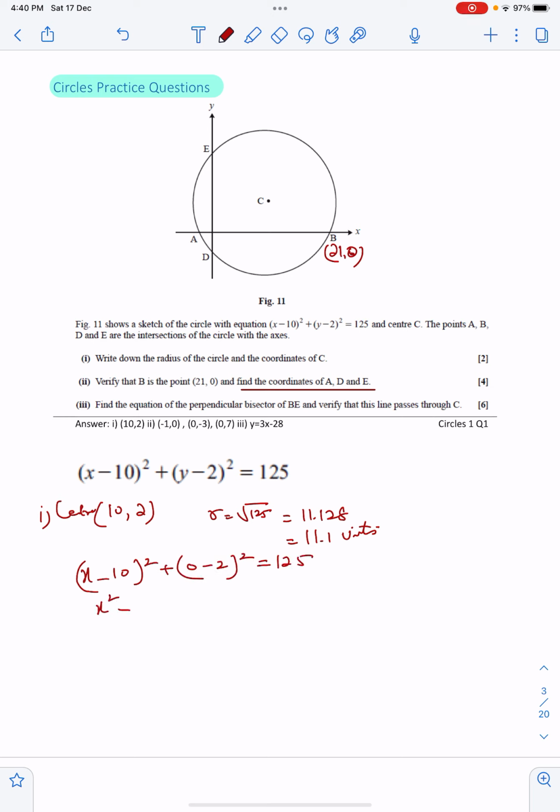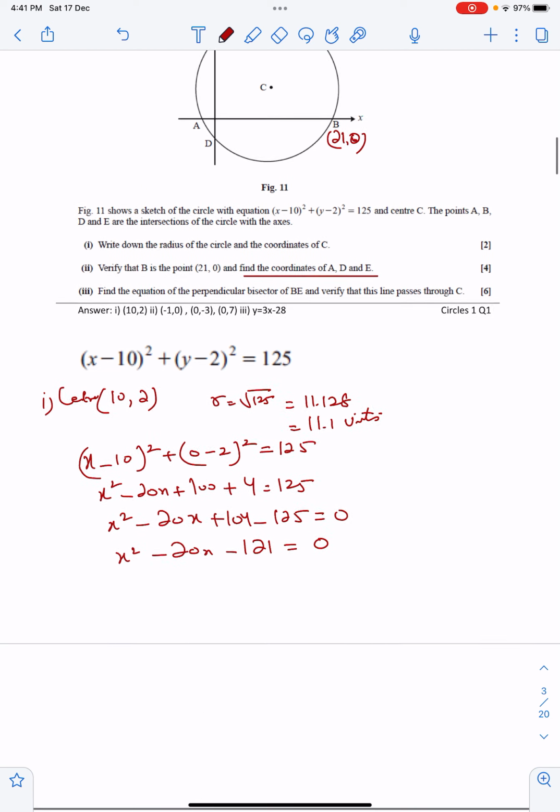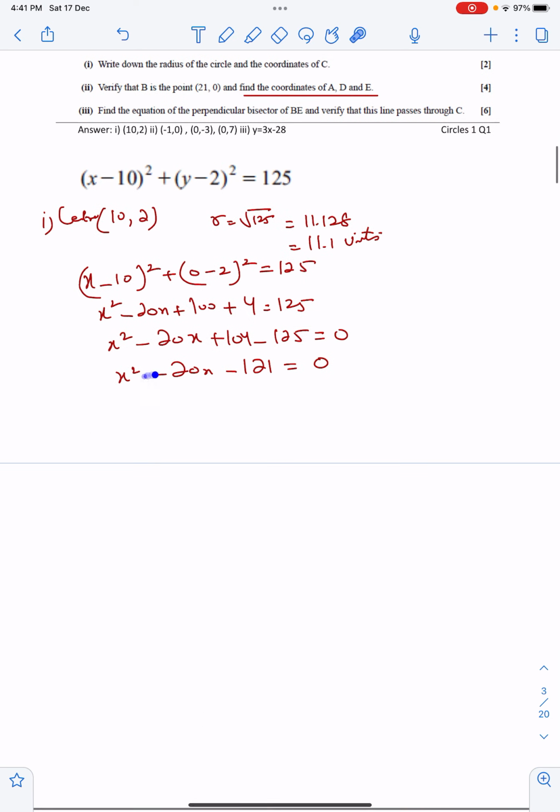So x squared minus 20x plus 100 plus 4 equals 125. Everything on one side: x squared minus 20x plus 104 minus 125 equals 0. x squared minus 20x minus 121 equals 0.